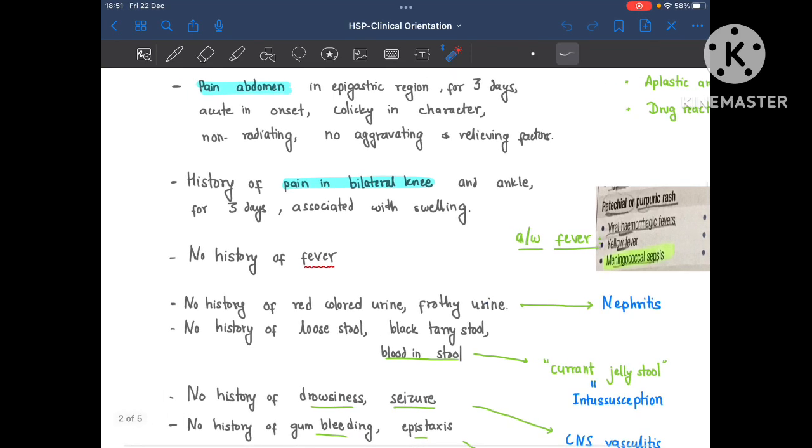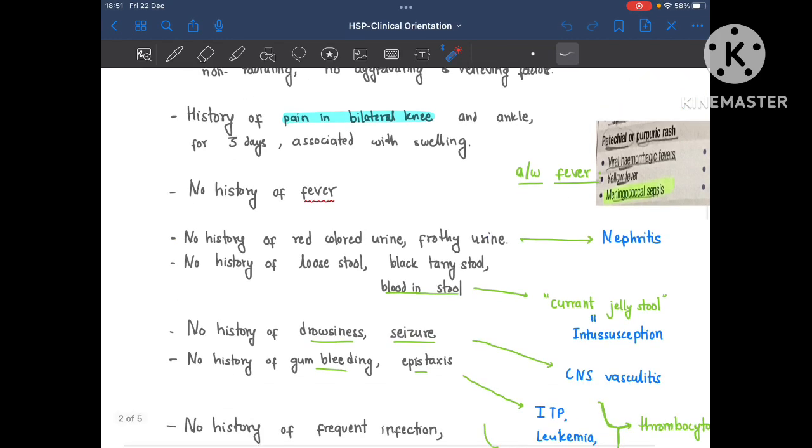Now after fever, we should also ask about the complications of Henoch purpura. We asked about the pain abdomen. The child has a positive history. Now other complications that could be present are nephritis. Nephritic syndrome can present with red colored urine.